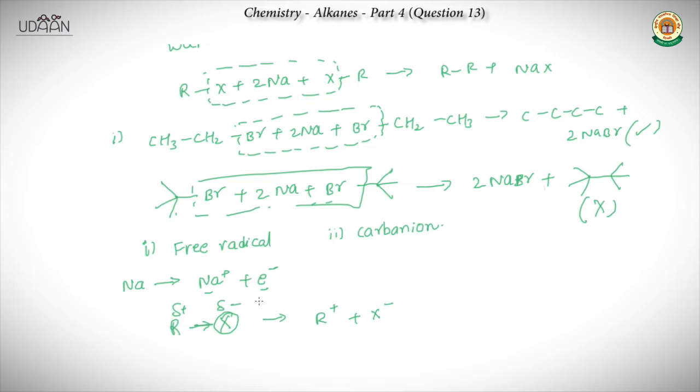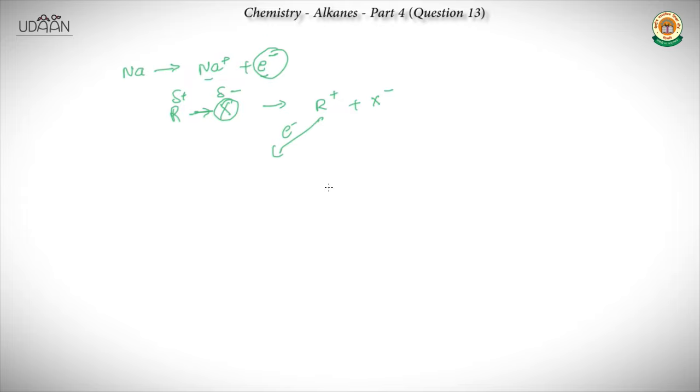Next, if you add an electron to it, you will get either R free radical or R minus.